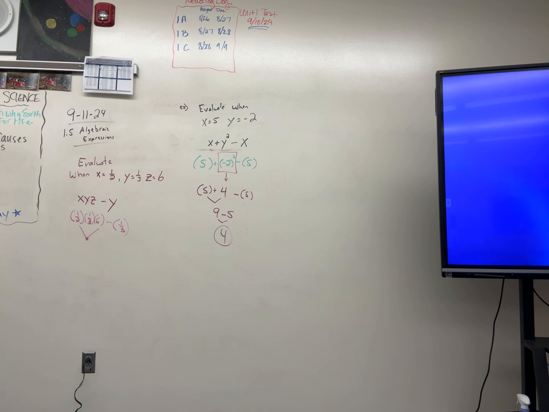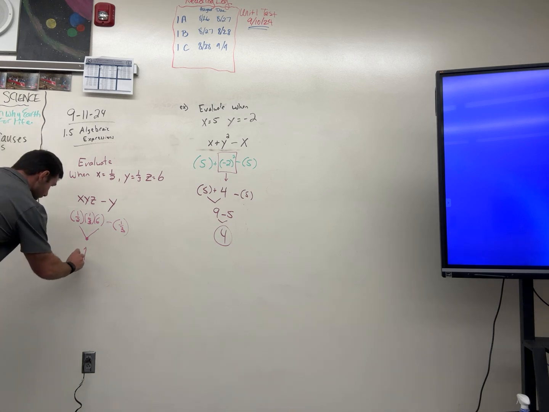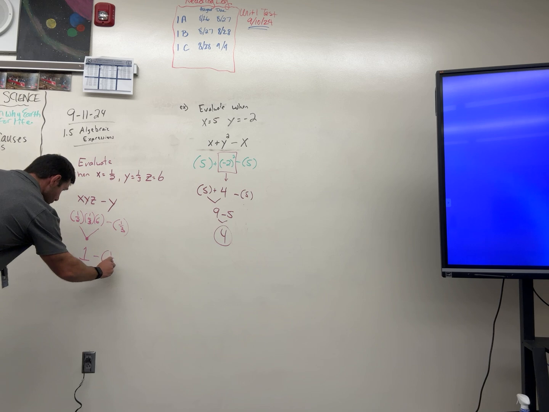Okay, I'm going to give everybody a chance to do it. Do not shout out yet. Once you've got it, press enter. So we're doing 1 divided by 2 multiplied by 1 divided by 3 multiplied by 6. Violet, what'd you get? 1. So now I have 1 minus 1/3.